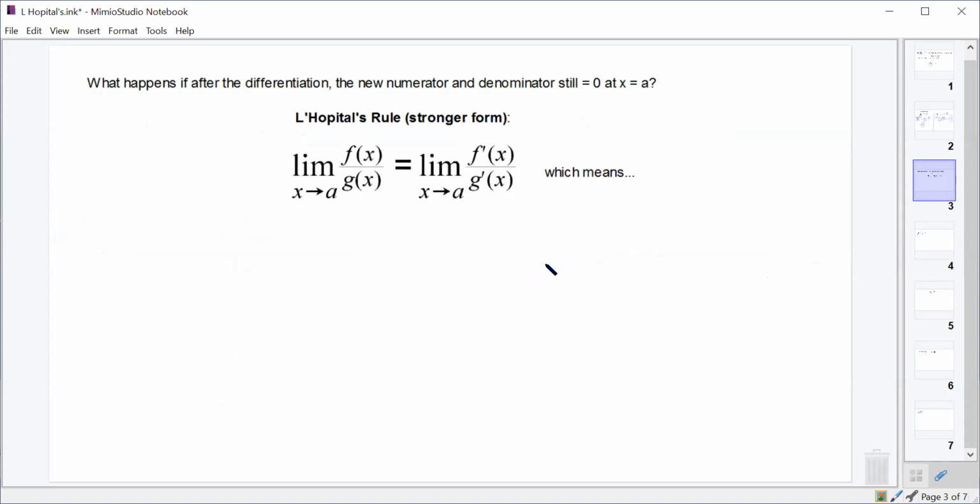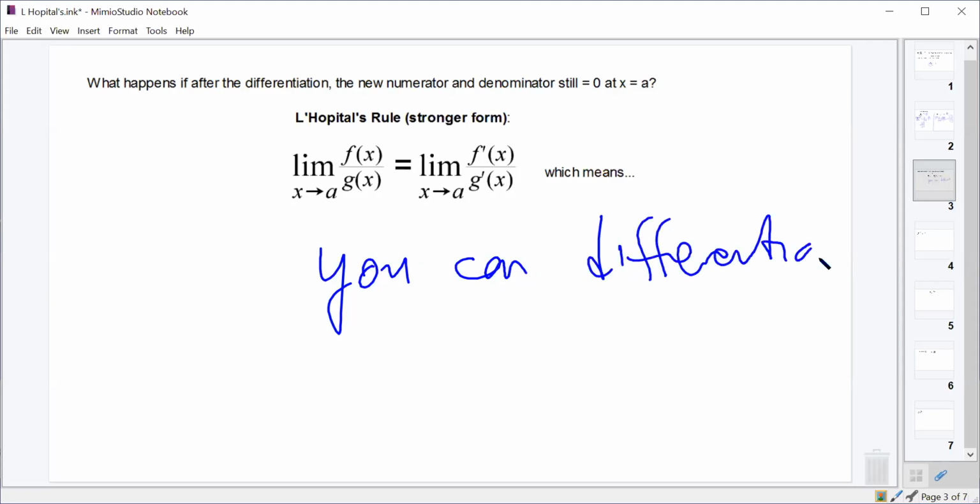You should just be able to take the second derivative of each of them and hopefully get a result then. What do you think will happen if it's still 0 over 0? Do it again. Just keep doing it until it's no longer 0 over 0, right? So we can say we can differentiate as many times as needed.